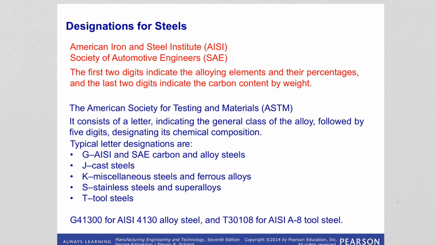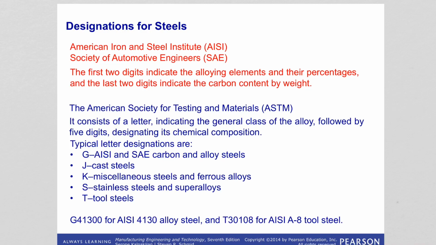Okay, so the first two digits indicate the alloying elements and their percentages, and the last two digits indicate the carbon content by weight.